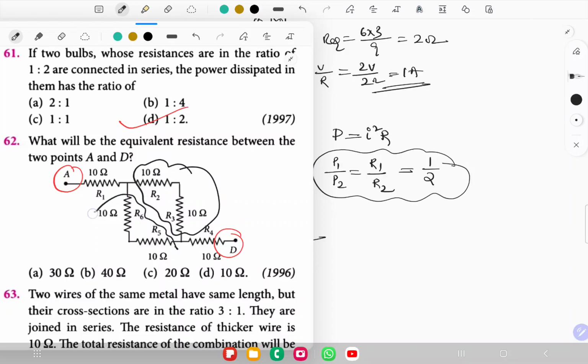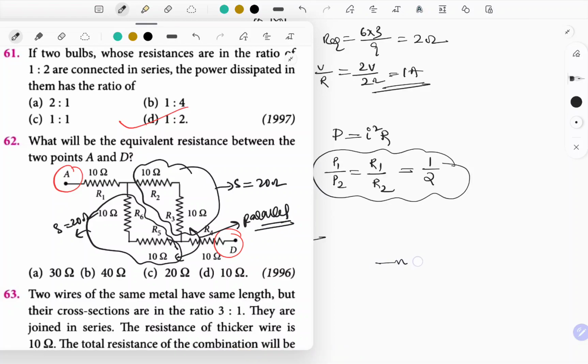The resistance of these two resistors is again, this is series combination, this is also series, which will give you 20 ohm and this is also 20 ohm. Now these two combinations are connected in parallel. So 20 and 20 are connected in parallel. So the resultant circuit looks like this. So there is 10 ohm and 10 ohm and 10 ohm. So resistance between A and D, RAD is equal to 30 ohm.